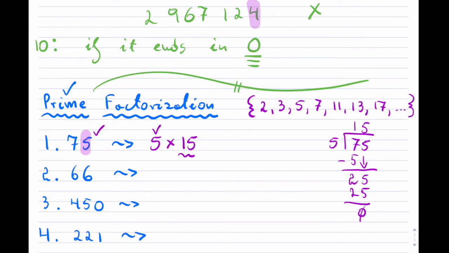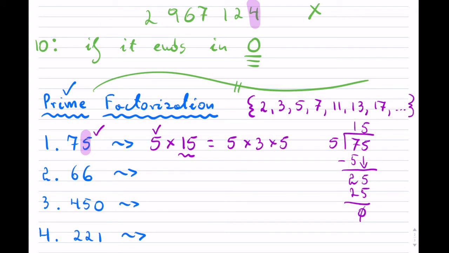The number 15, now I want to ask, can I break this down any further in terms of primes? And again, it ends in a 5, so I know that 5 once again will go into 15. So I have my original 5, now times, well, 15 is just 3 times 5.